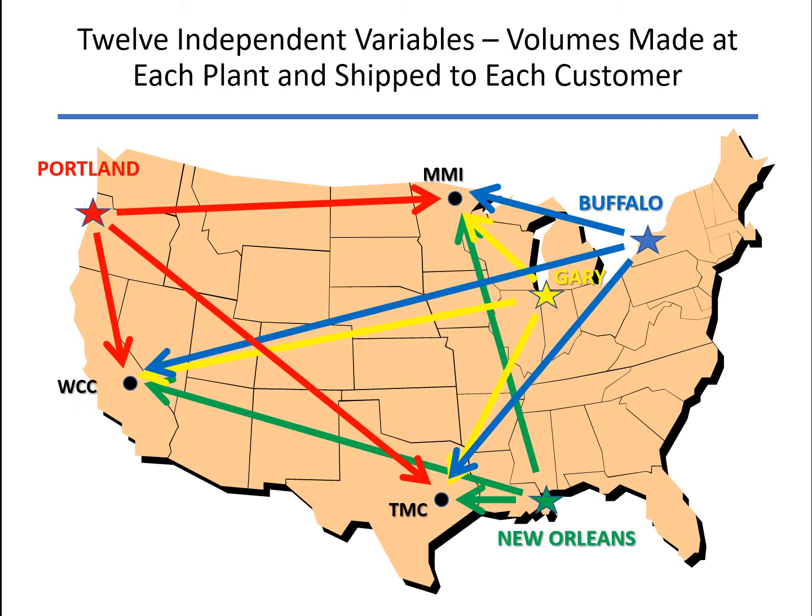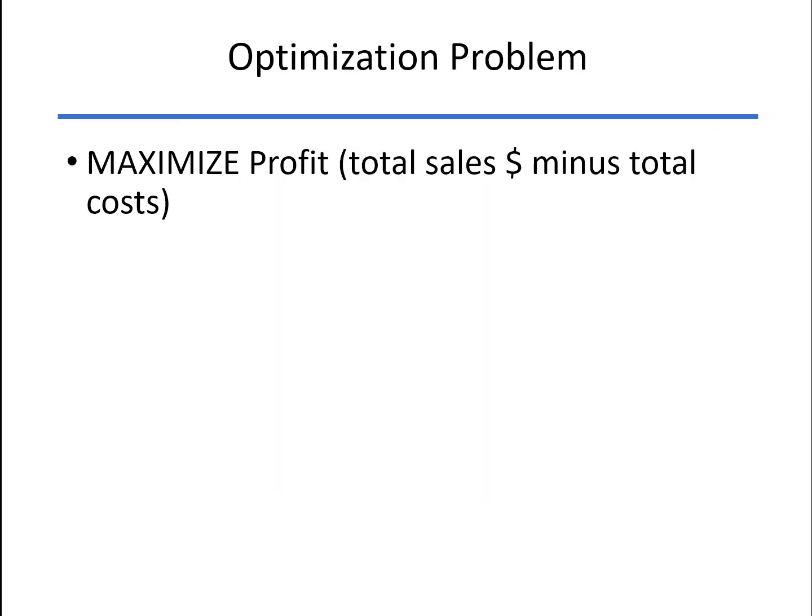Alright, so what that means is we have 12 independent variables, because what we can look at is how much volume we are making, how much adhesive we are making at each plant and shipped to each customer. So there's our optimization problem. Obviously what we're trying to maximize in this case is the amount of profit.